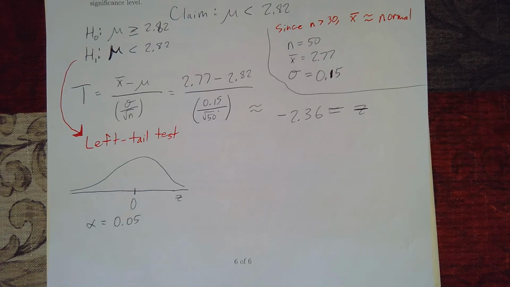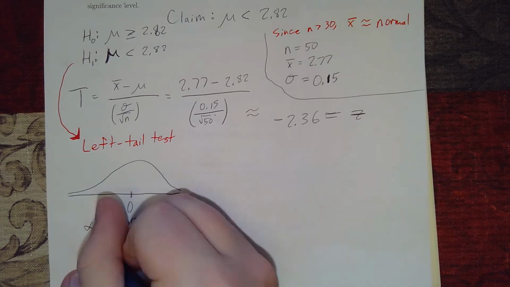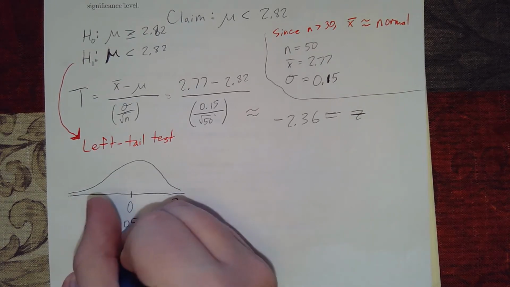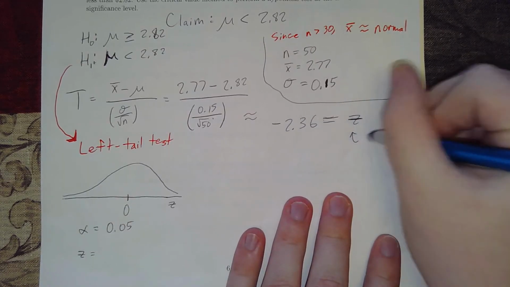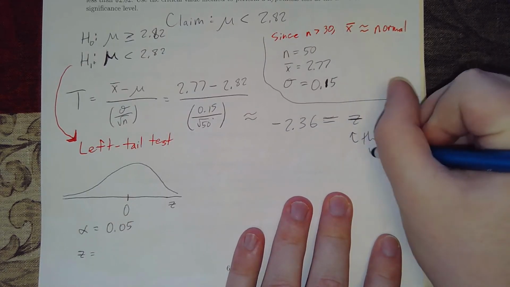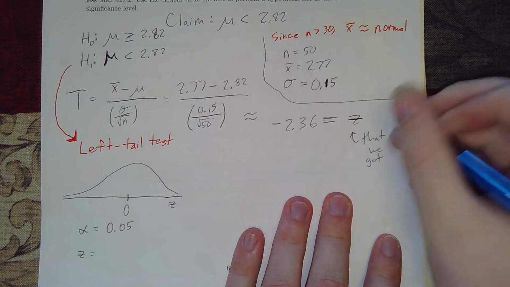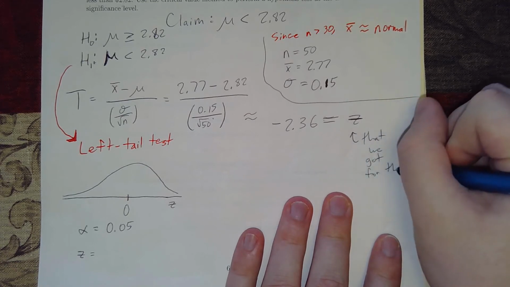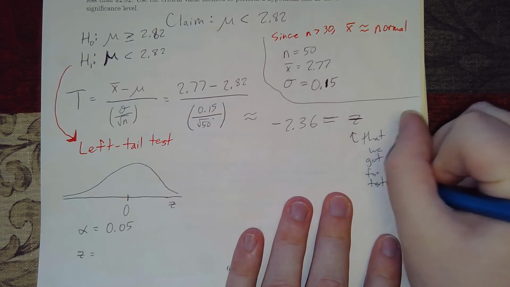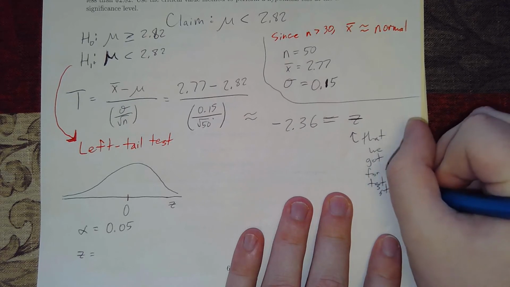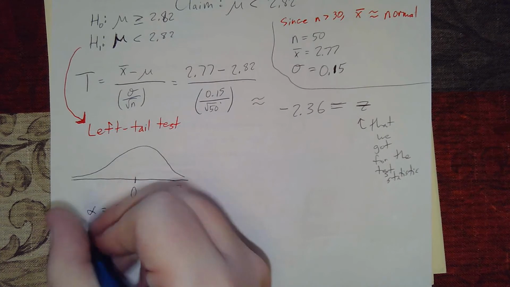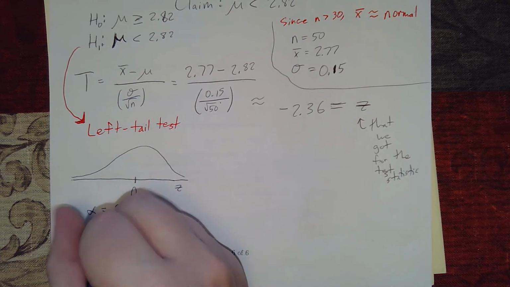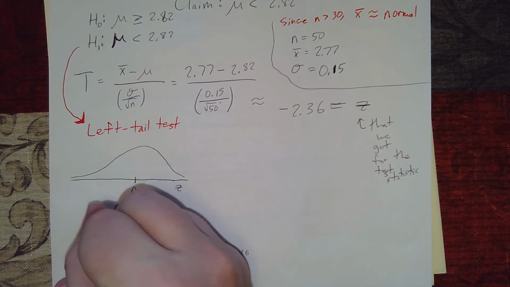Using the critical value method, we're going to have our cutoff z. This z is the one we got for the test statistic, whereas this is the z for our critical value.